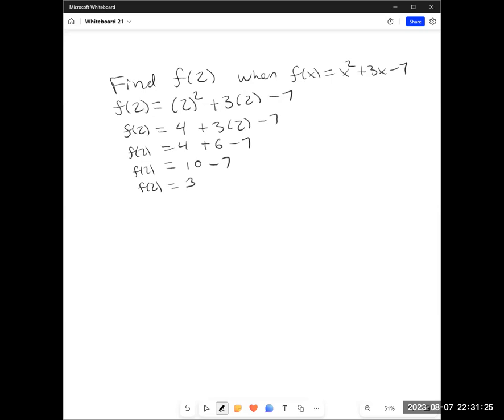Let's try sticking in a negative number this time. f of x equals x squared minus 5, divided by x plus 3. So let's stick in -1. Again, we're going to figure out our exponents first.